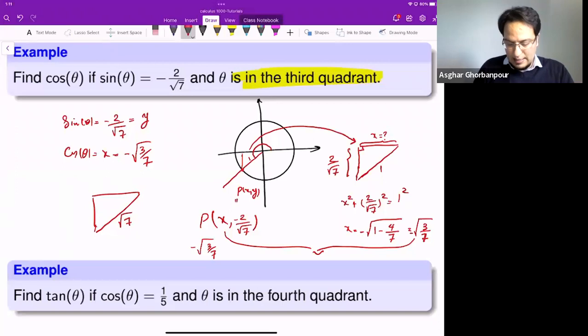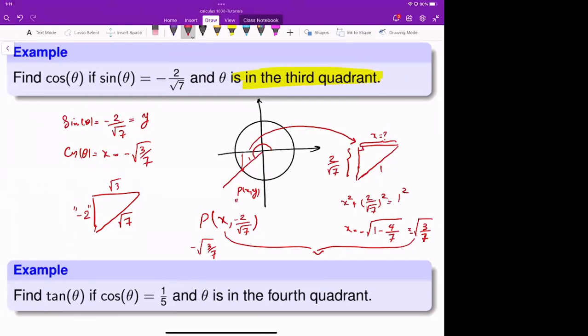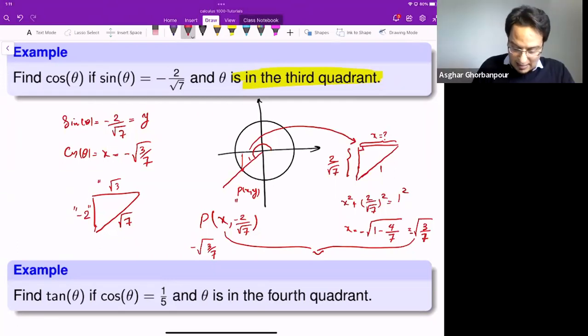This one, y you're taking as the -2. And then you can find here, which will be √7, I believe, √3. Yeah. And you see, you have to bring in that sign.